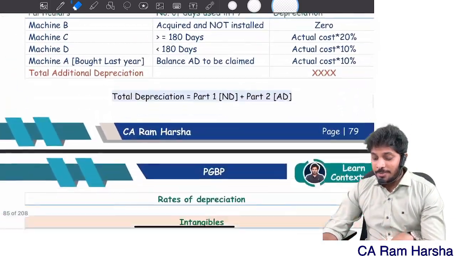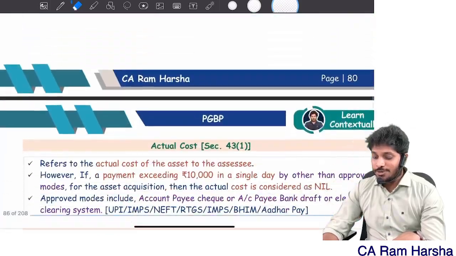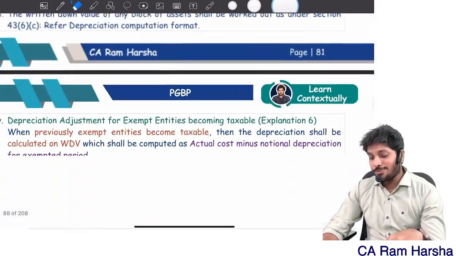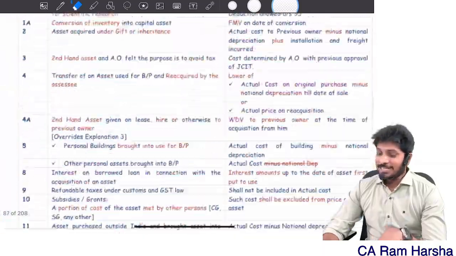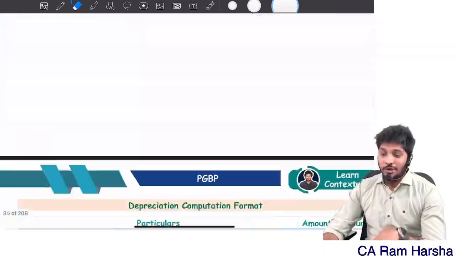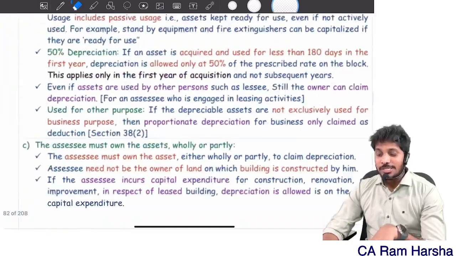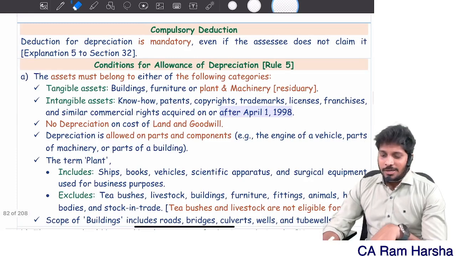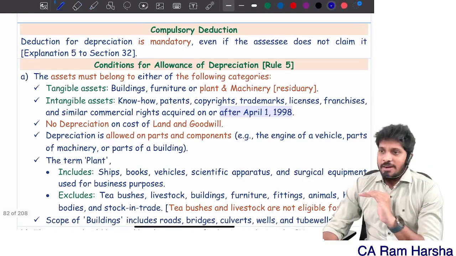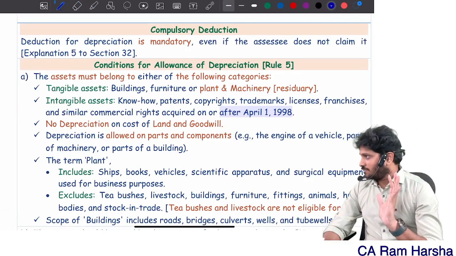The entire depreciation provision is almost 5 to 6 pages, mainly under one section, predominantly section 32. But I will make it as simple as possible.